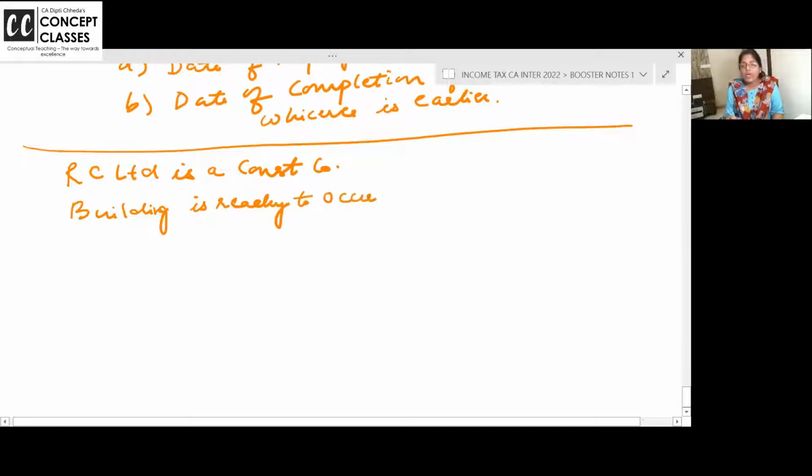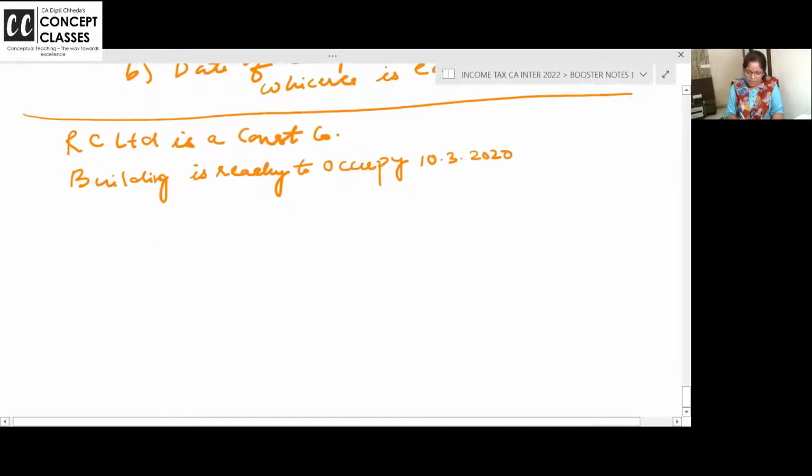You know, you get an occupancy certificate from the corporation. So the building is ready to occupy on, say, 10th of March 2020. 10th March 2020 को बिल्डिंग का कंस्ट्रक्शन खत्म हो गया.